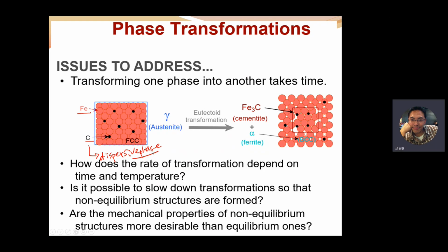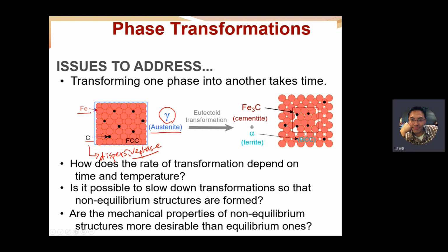Okay, and for a certain composition of carbon atoms in the iron matrix, when we heat up to a certain temperature range, the alloy is called austenite. I will introduce more details about this austenite, but currently you just remember this: austenite, or gamma solid solution, in the iron and carbon phase diagram.